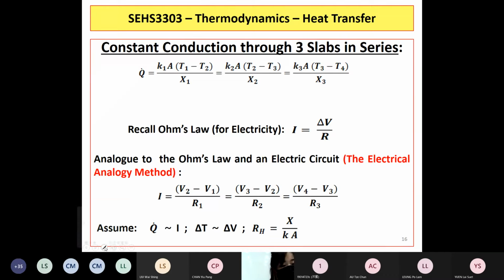The current equals the voltage, the drop of voltage, divided by the resistance. Is there anyone who does not know this equation, Ohm's law? You don't know? Oh, okay. If that is the case, okay.